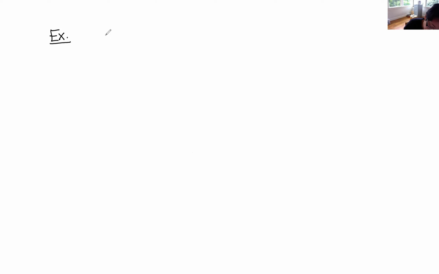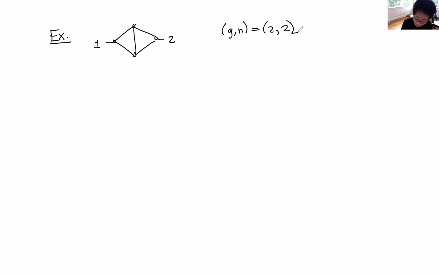Here's an example. I'm doing this example on the fly. Here (g, n) is (2, 2): I have 2 marked points in genus 2. This is a stable connected graph.